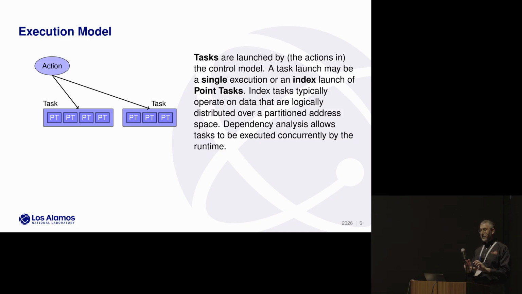The tasks are composed of multiple point tasks, where a point task is a piece of the execution that's working on local data, which is a local subset of this big distributed data. And again, you'll see later how dependency analysis enables the tasks to be executed concurrently. And this is instead of explicit communication like you would have in a system like MPI.